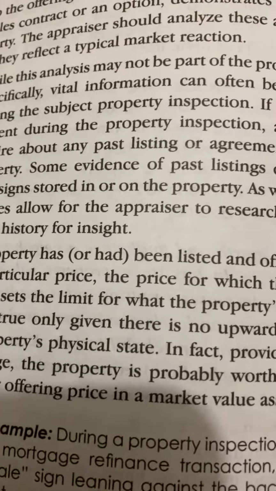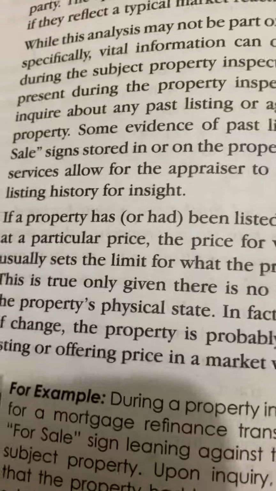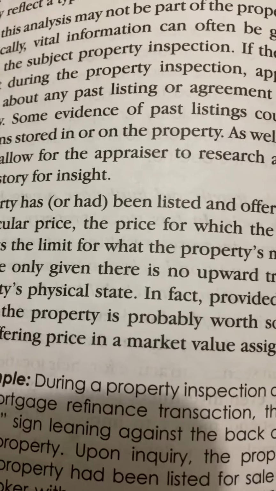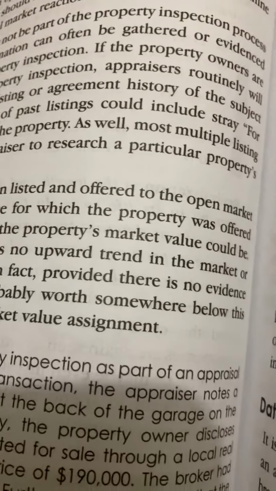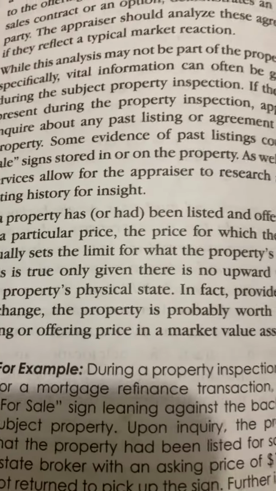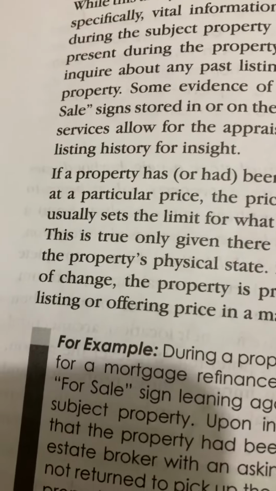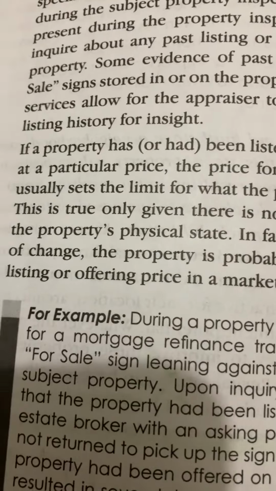Some evidence of past listings could include stray for sale signs stored in or on the property. As well, most multiple listing services allow for the appraiser to research a particular property's listing history for insight.